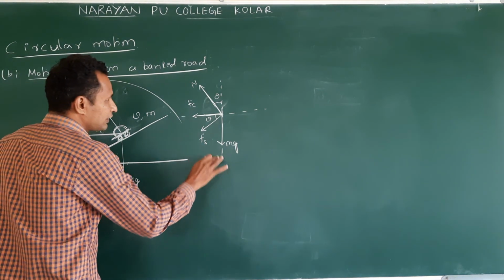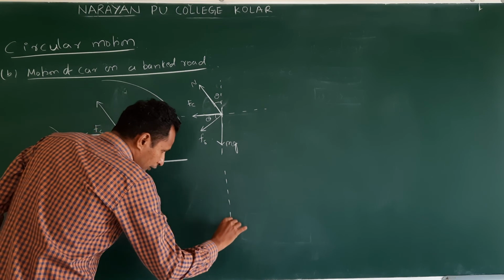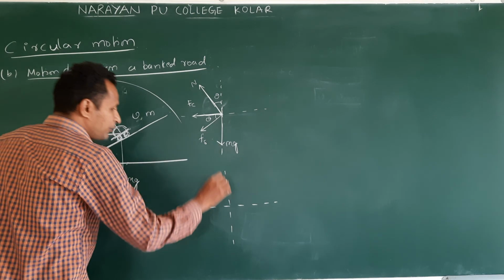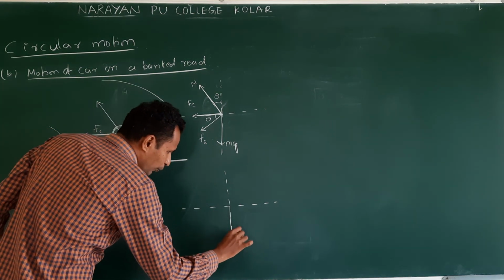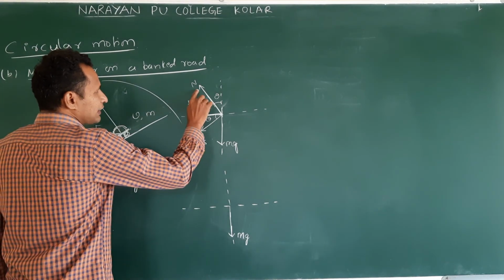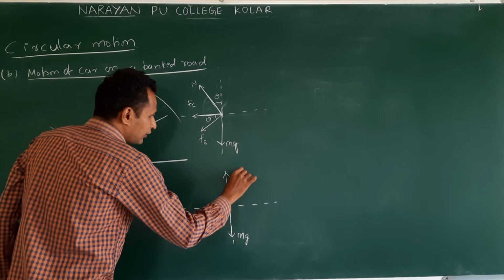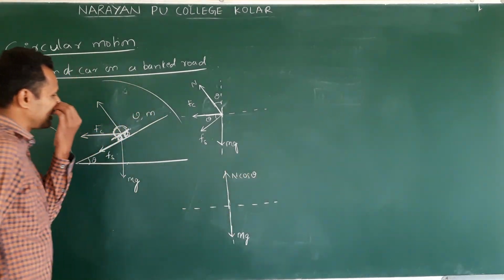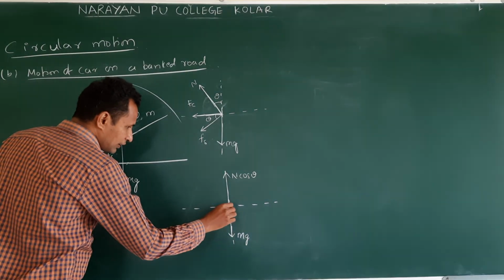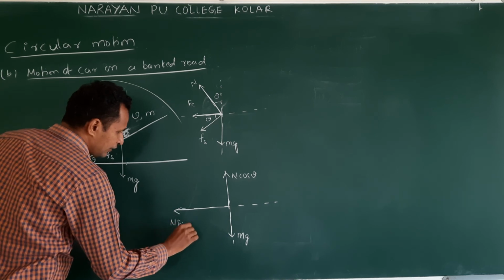Now I can write the same diagram like this. Mg is already acting along the y direction, downwards, very clear. This normal reaction I am resolving to the y axis: N cos theta. Theta subtended side is cos theta. Another component is N sin theta.